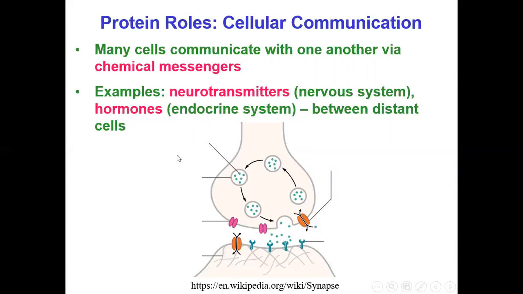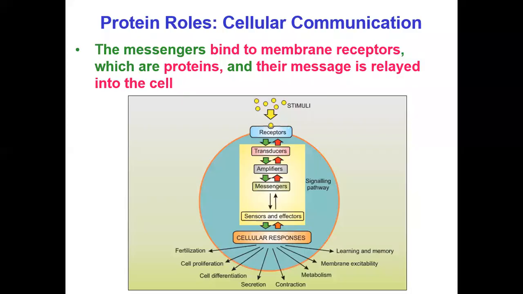And in this case, the two communicating cells are very distant from one another, and the chemical messengers are called hormones. So because the two cells are distant, the only way the messengers can affect the target cell is to enter the bloodstream and travel through the circulation and get to the target cell, which again can be very distant.